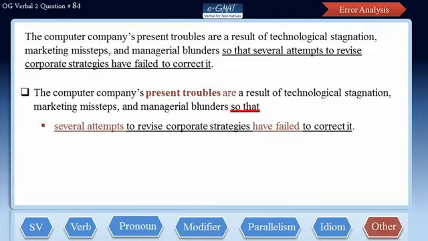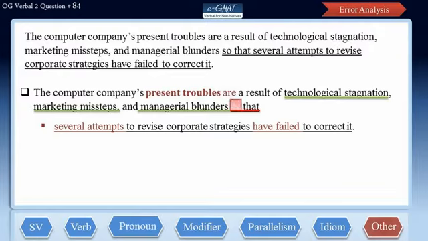Also, all these entities, technological stagnation, marketing missteps, and managerial blunders, are noun phrases, and the modifier following them actually describes these factors. So, we simply need a noun modifier to describe them.